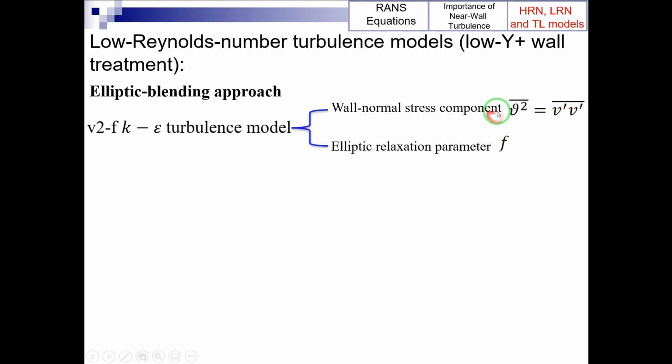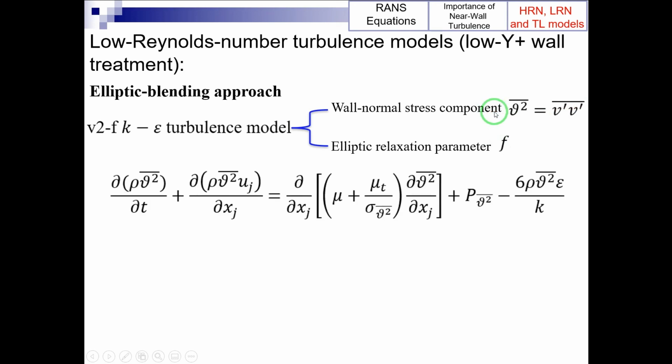Here we can see the transport equation, which is solved to obtain the wall normal stress component, and also here we can see the f equation. Okay, the P terms here are the production terms, and L here is the turbulent length scale.